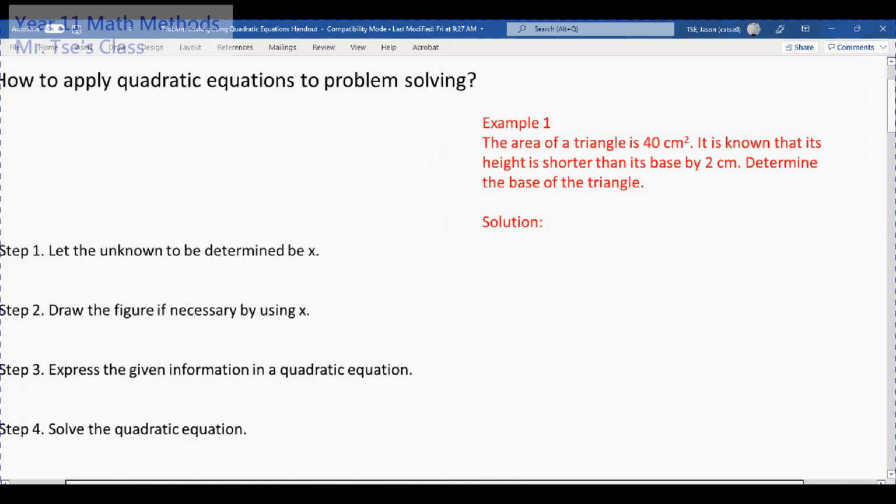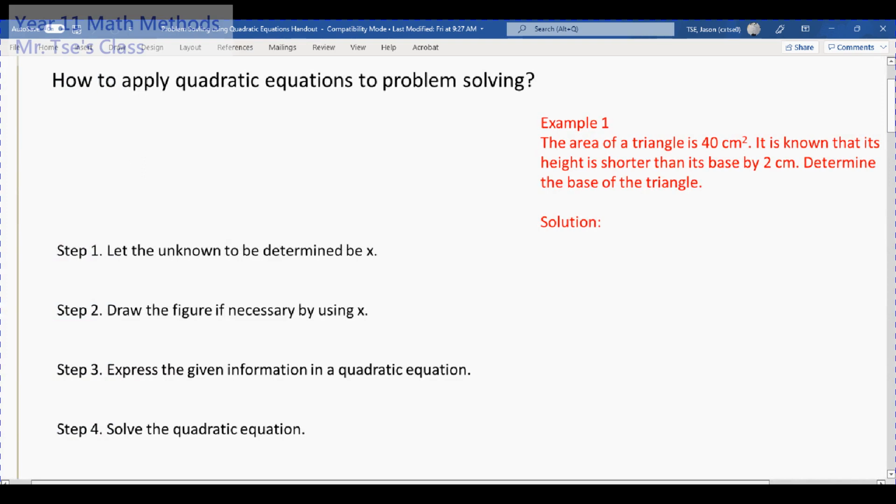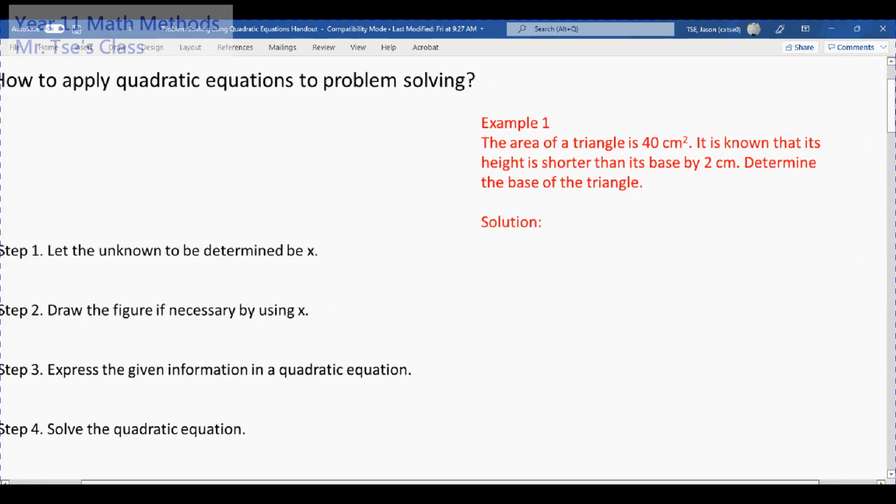To solve such a problem, first you need to let the unknown be x. So in our question, I will let the base be x.